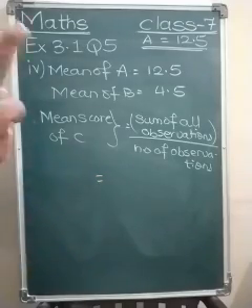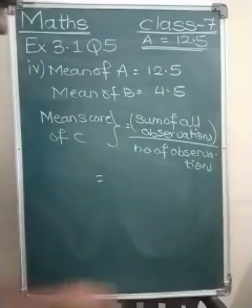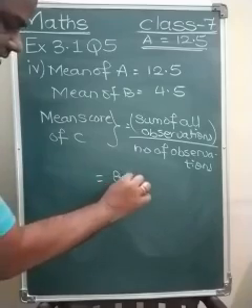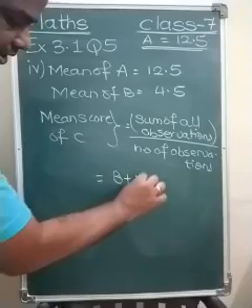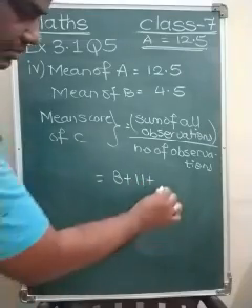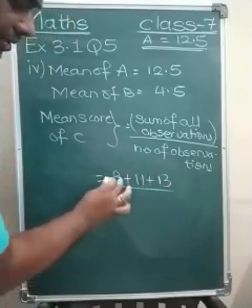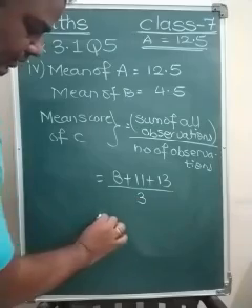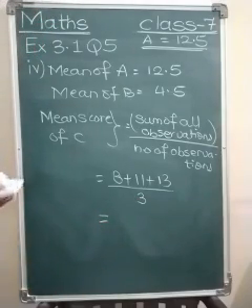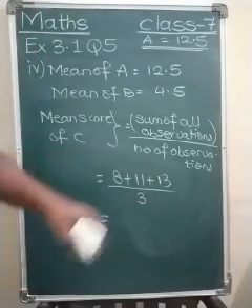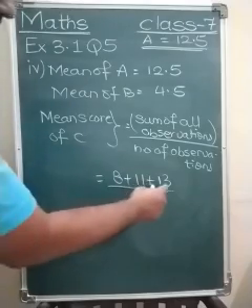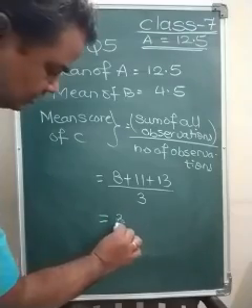Now he scored only in 3 games, so we will divide it by 3. In the first game he scored 8, plus in the second game he scored 11, plus in the third game he did not play, and in the fourth game he scored 13, divided by 1, 2, 3. So 8 plus 11 plus 13. 11 plus 13 would be 24 plus 8, 32.